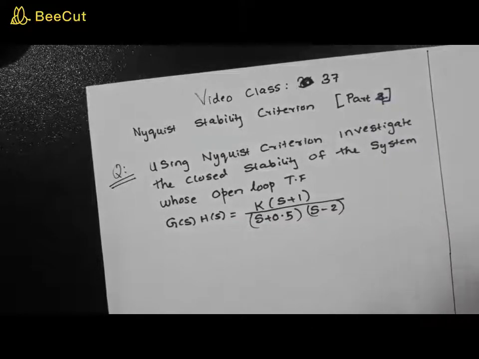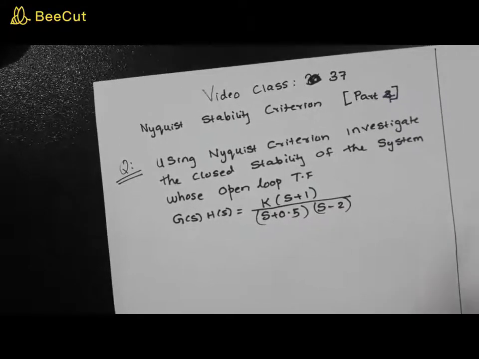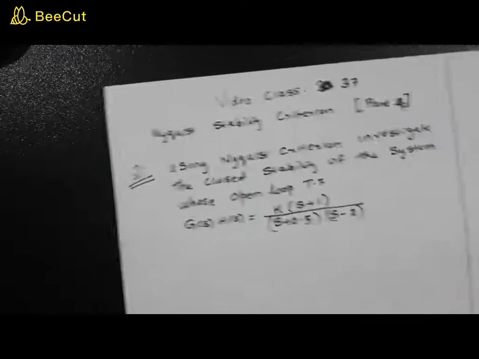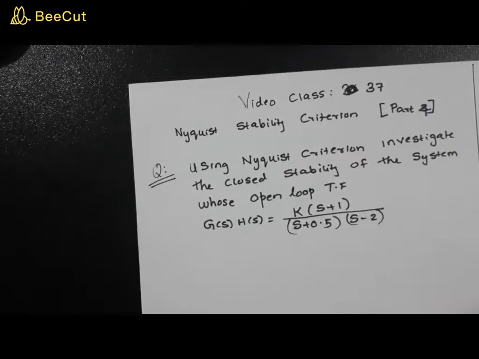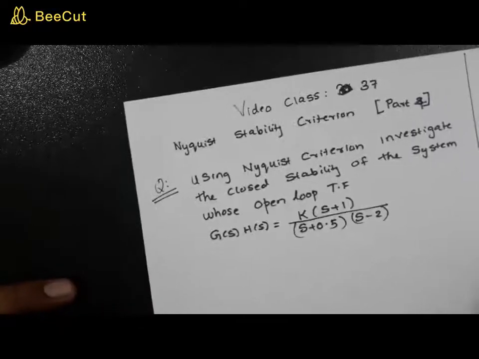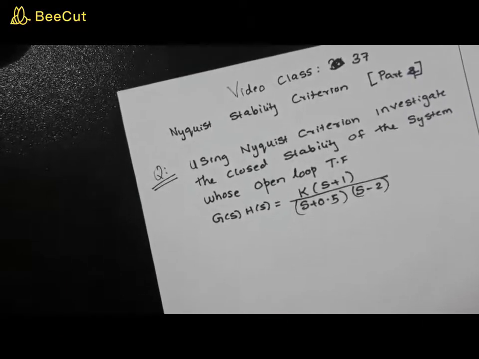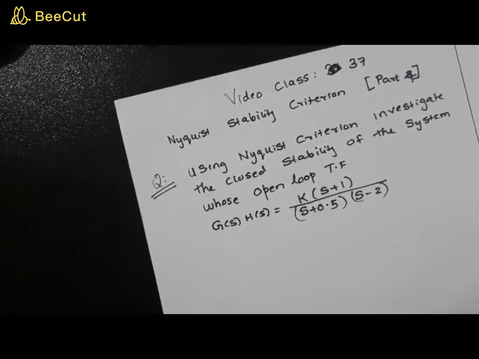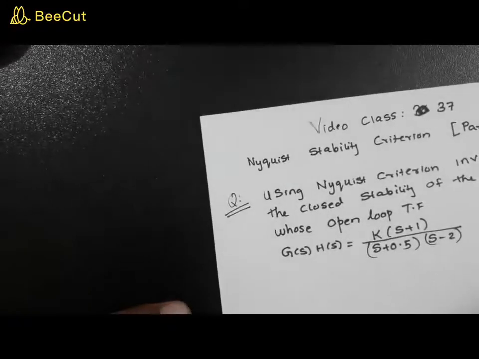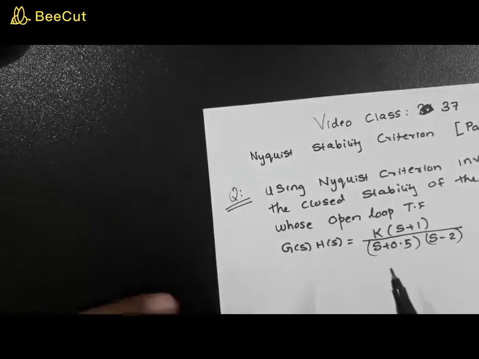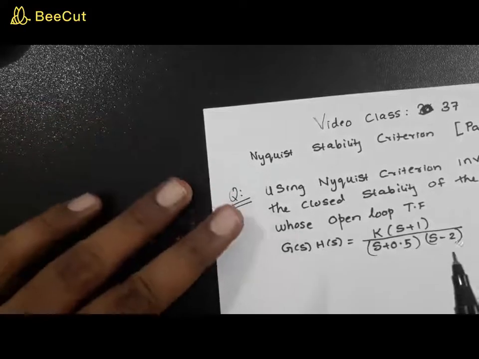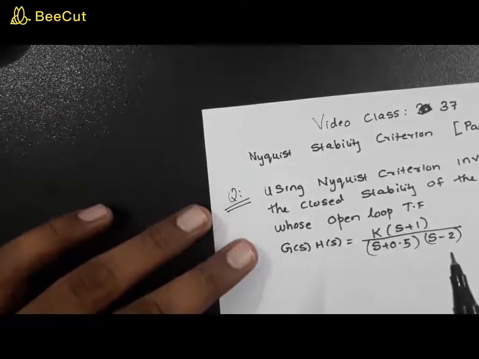In the last video, we have seen some examples, and in those two examples, we have considered a stable system. So it's quite easy to do with a stable system. So far, we haven't considered an unstable system.